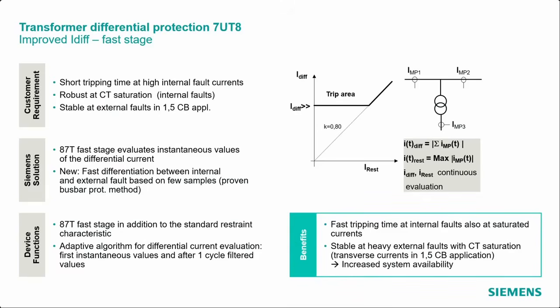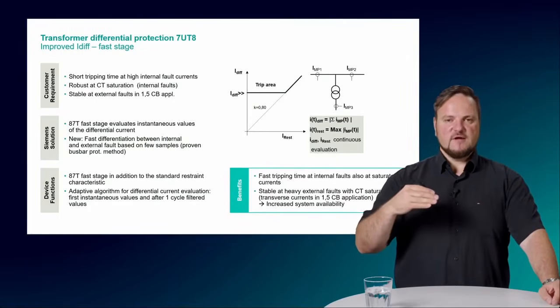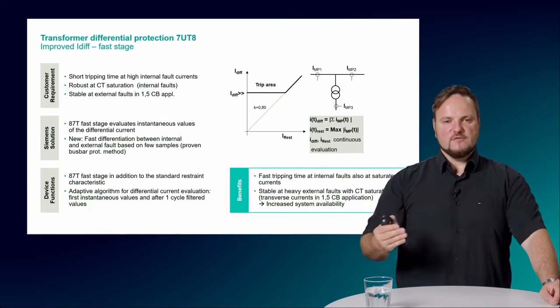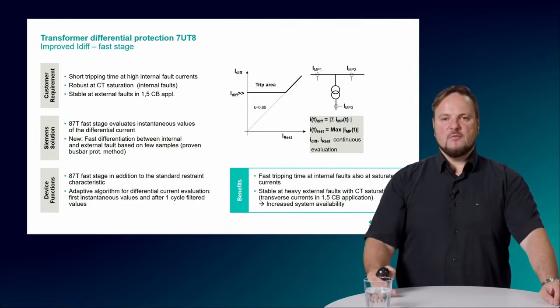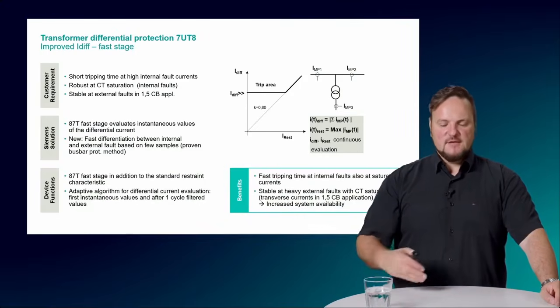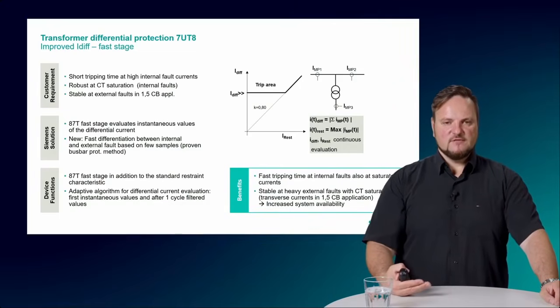So that means now the only rule for setting the fast stage is that you have to set the fast stage over the maximum expected inrush current. And that's for most of the transformers. That means for a 100 MVA transformer, we have to set the EDIF greater stage, for example, to 4.5, and this offers us a very fast tripping time in case of an internal fault.